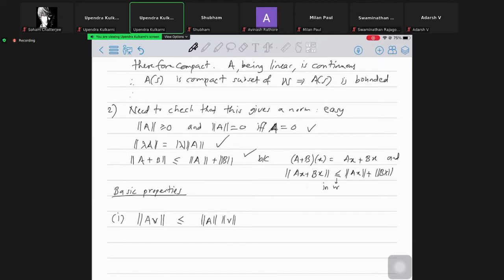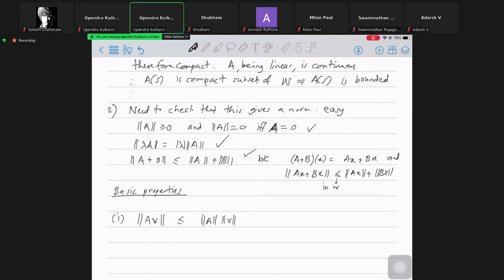Right, so remember, A is a linear operator, so Av is just A applied to v. So when we take the norm of Av, we just take the norm over the vector space, and when we take the norm of A, this is the operator norm. So you see, it's a bit unfortunate. I'm just using norms, but in this claim, the three norms that I have chosen are all in different places.